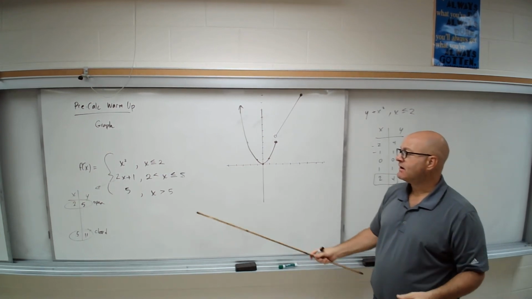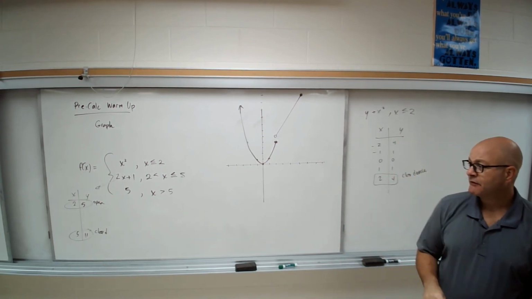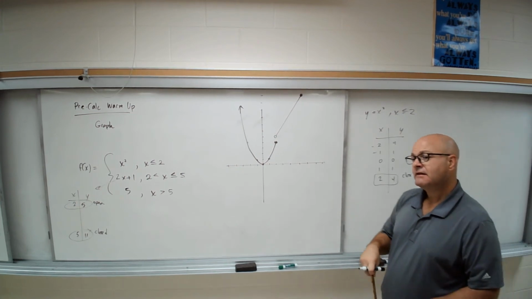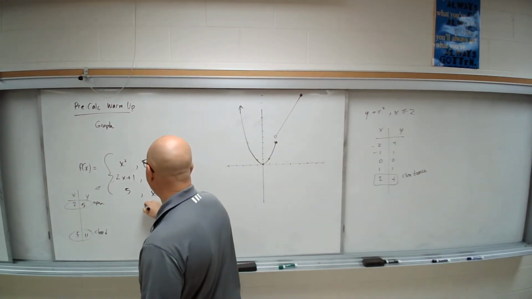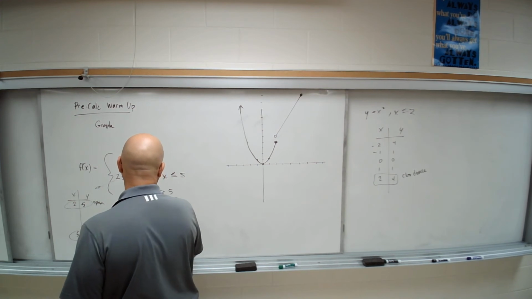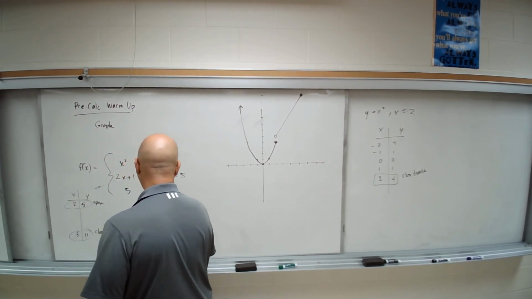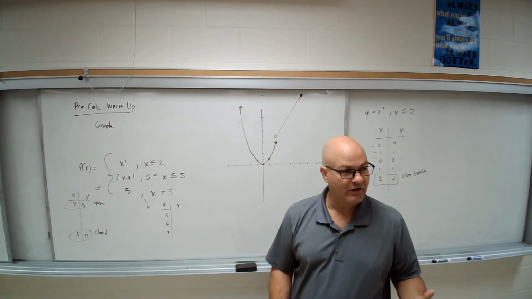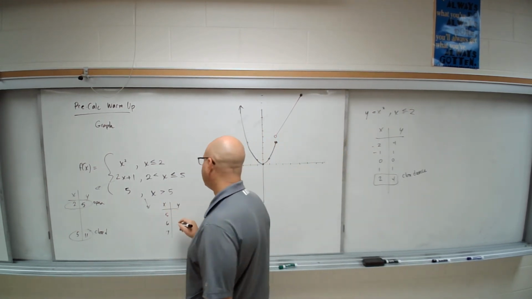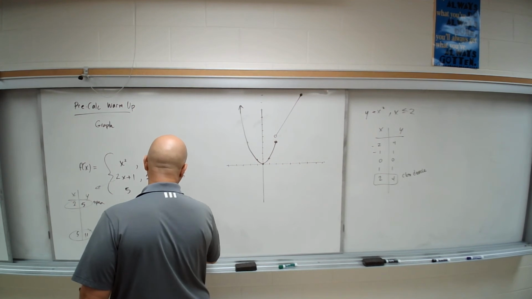Okay, and then our last part is that f of x equals 5 when x is greater than 5. For this one, we're going to have another table. So we have x, y, and then we'll put in 5 and 6, put as many points as you want. It's going to be a horizontal line. But this one is just a greater than, so this is going to be an open circle.